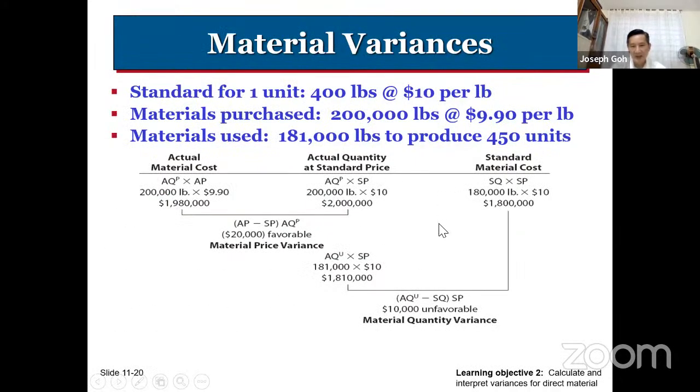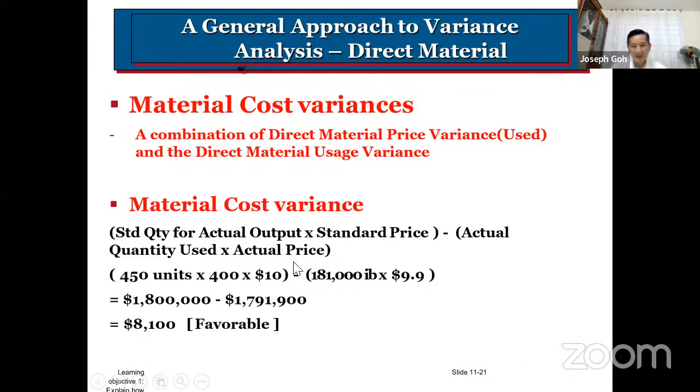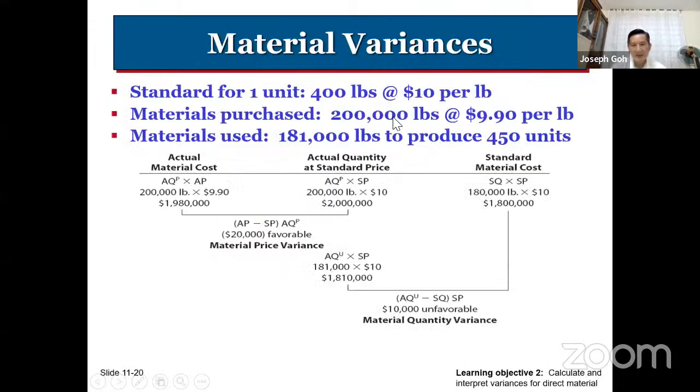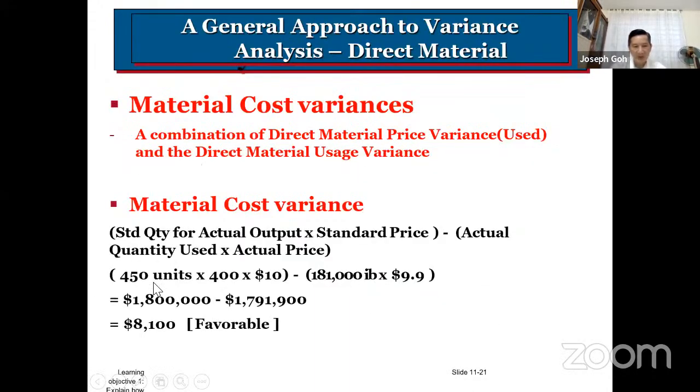You will get 180. Then your standard price in this example is 10. So 450 units is the production you produce, then this is the standard quantity you need for 1 unit, then there's the standard price for 1 unit.